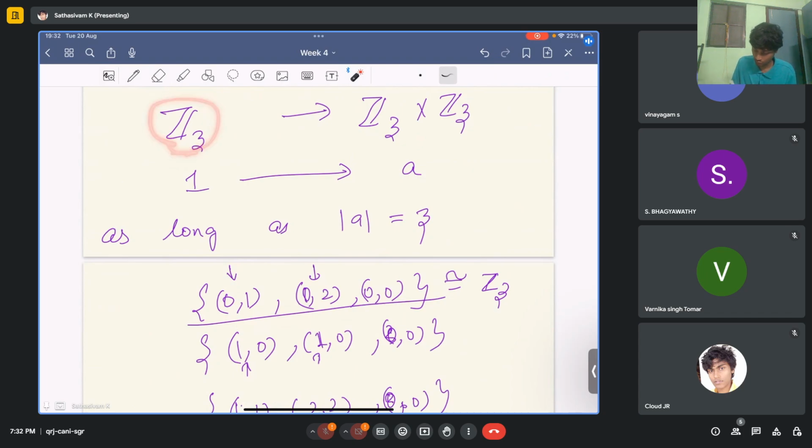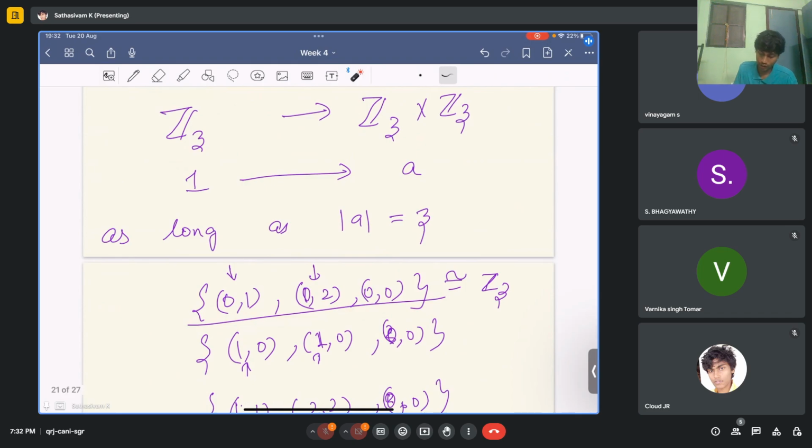This Z3 is not equal to this group, but via isomorphism I am seeing it as a subgroup. After that, there are many ways you can give a homomorphism, I mean, an automorphism from here to here, and you need to take care of all those things.